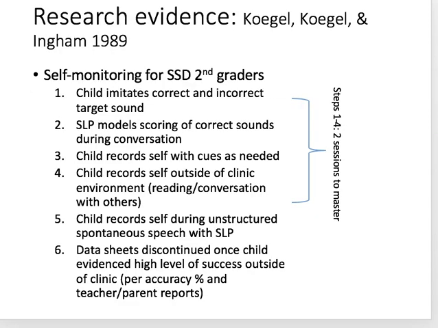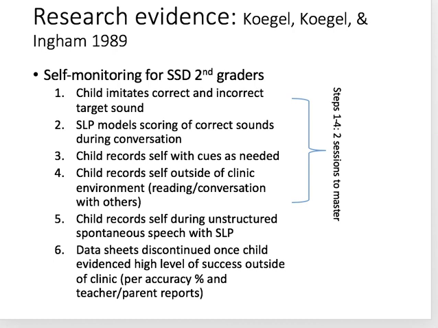And so what research evidence is there to support this? In the context of speech sound disorders, this particular paper looked at children's awareness, or self-awareness in particular, at the second grade. You can see this scale that they followed in this therapy approach.